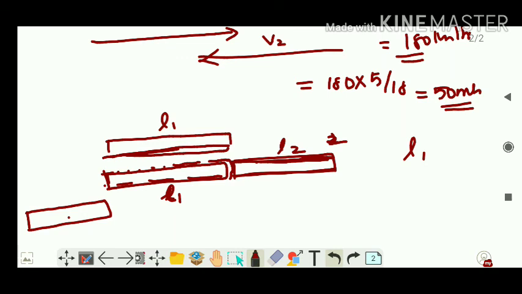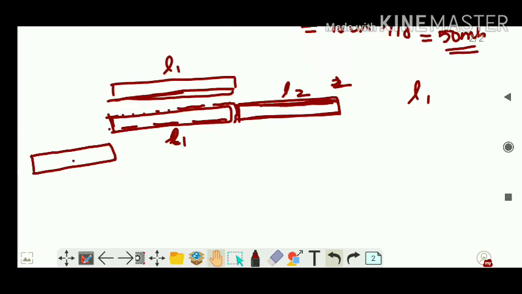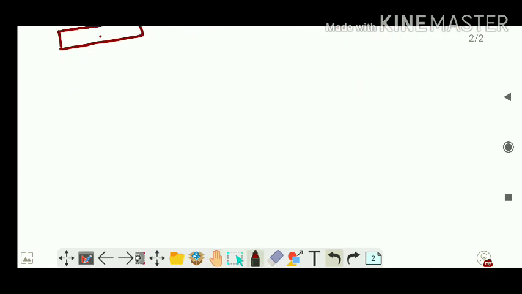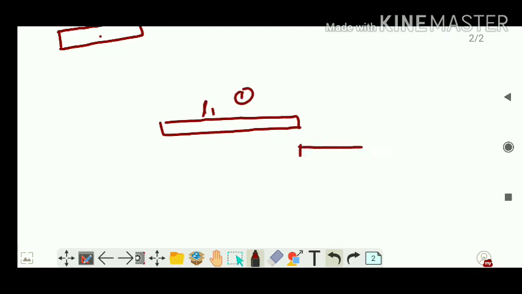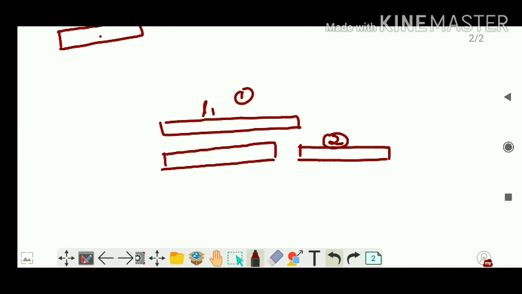I hope you understood the scenario. I can draw it again if you want. Let me draw it again, guys. Say this is my first train, which has length L1. This is my second train, right? If the second train wants to cross over the first train, first it has to reach here, so the second train must have covered L1 length, right?